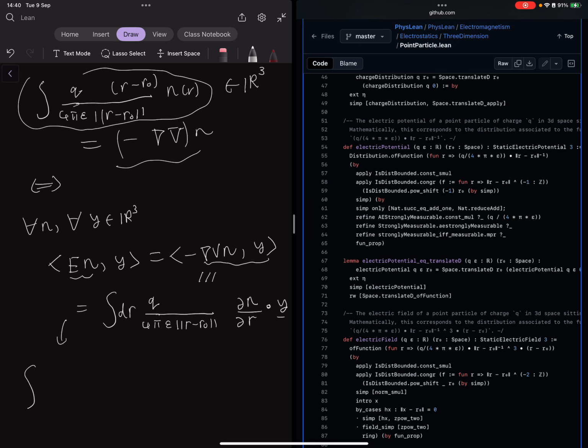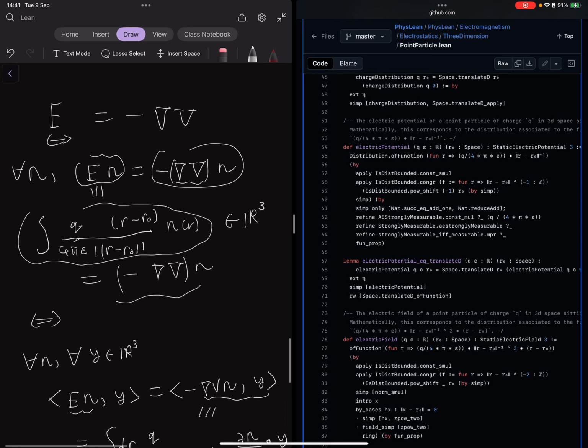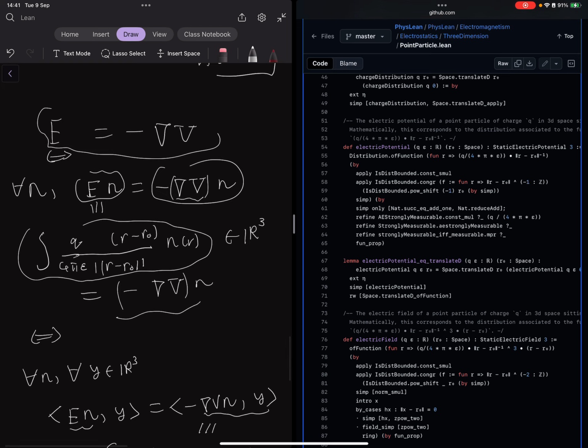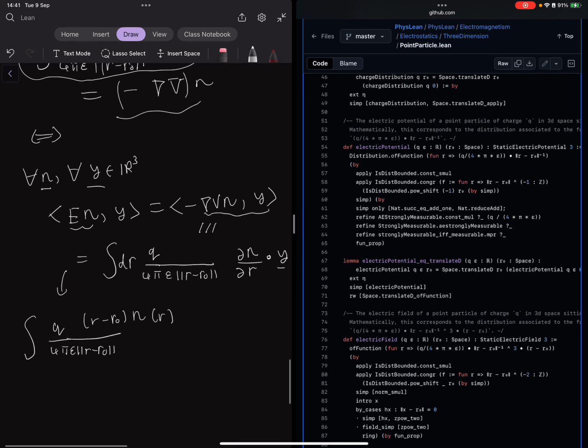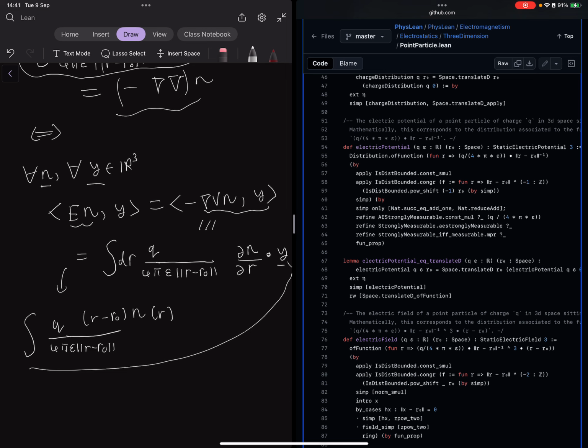I know my screen hygiene is probably not the best right now. This is equal to this thing here. And this is an if and only if statement. So the thing we're trying to prove is true if and only if for all eta and for all y, this integral is equal to this integral.